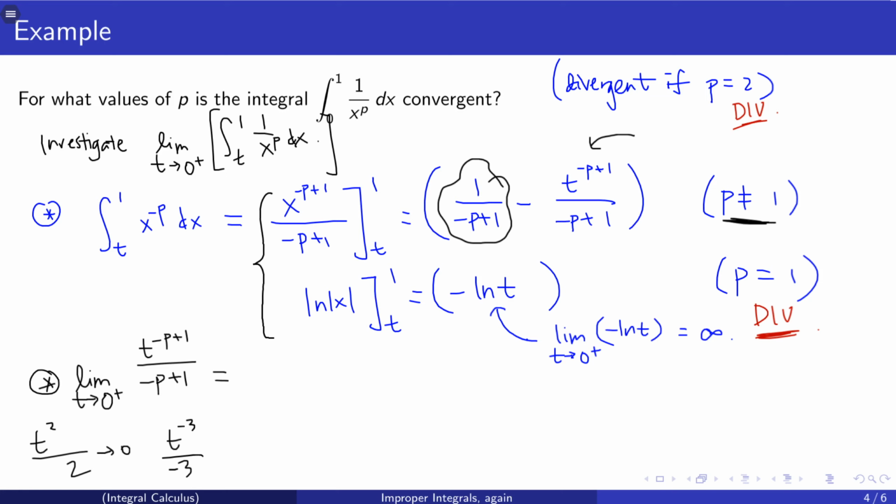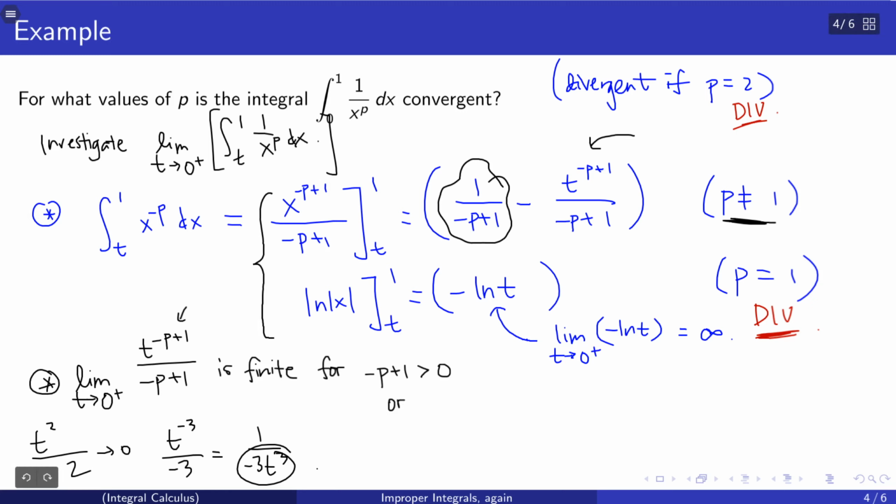And that's because you can use the laws of exponents, and you have a denominator now that goes to 0. So really what this tells me is that this depends on this exponent up here. If that exponent is positive, then we're actually going to get something here for the limit.